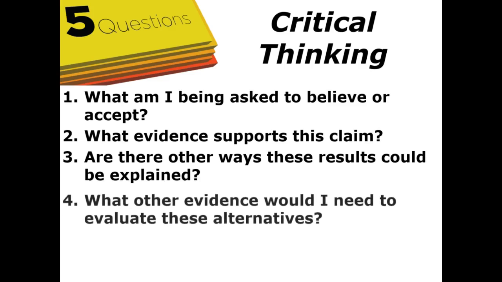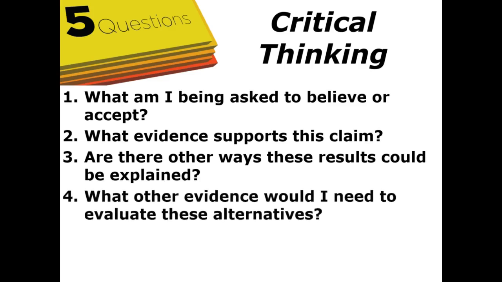What other evidence would I need to evaluate these alternatives? Well, John suggested that couples should start practicing responding to bids with kindness to keep their marriages alive and well. So one type of evidence that I would find useful to find out if kind bid responding causes happy couples or if happy coupling causes kind bid responding is an experiment.